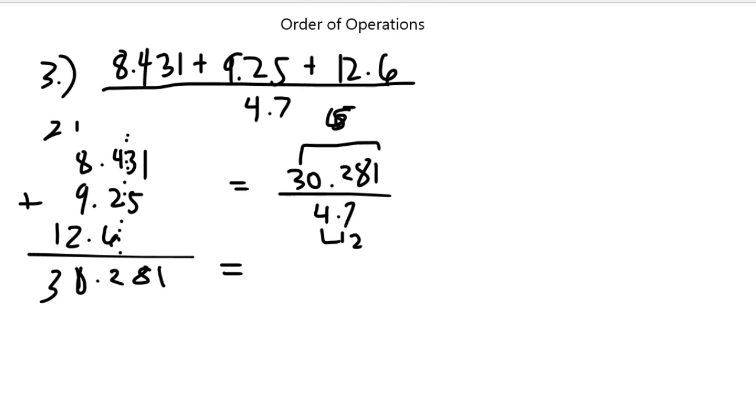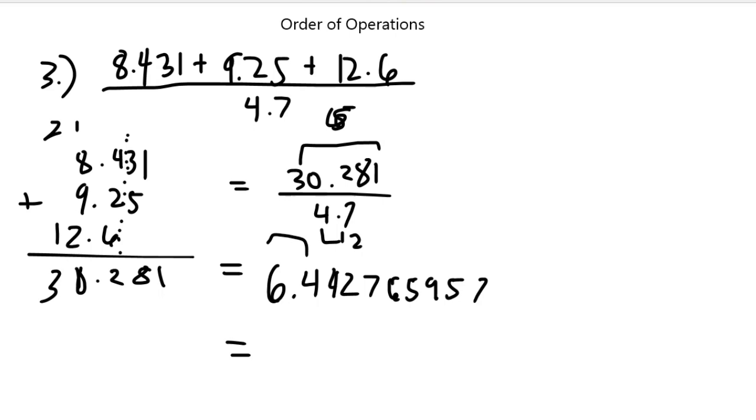So, using our calculator, the answer we will get here is 6.4 for 2, 7, 6, 5. Too much. I'm really putting everything. So, 2 lang yung kukunin natin. So, we're not going to round up. It will be just 6.4.